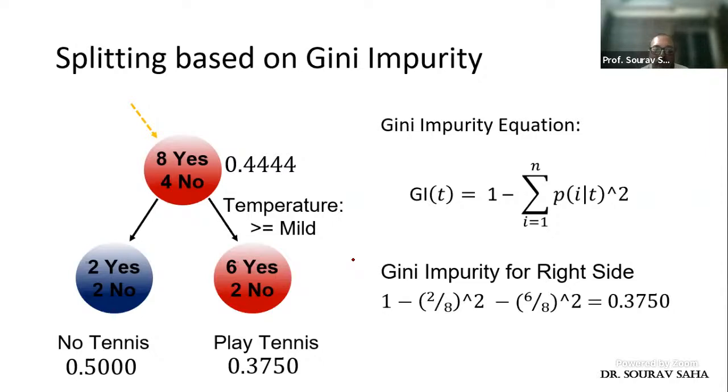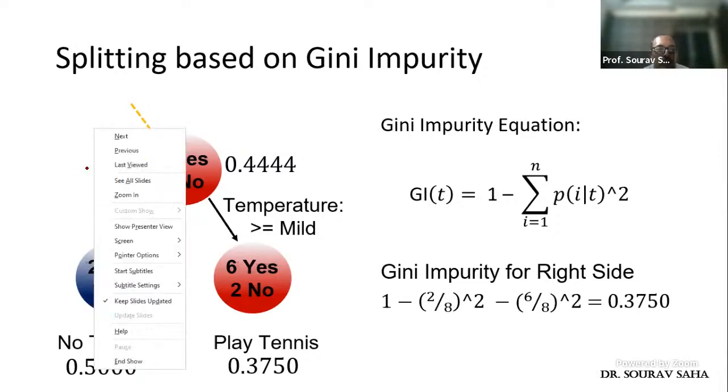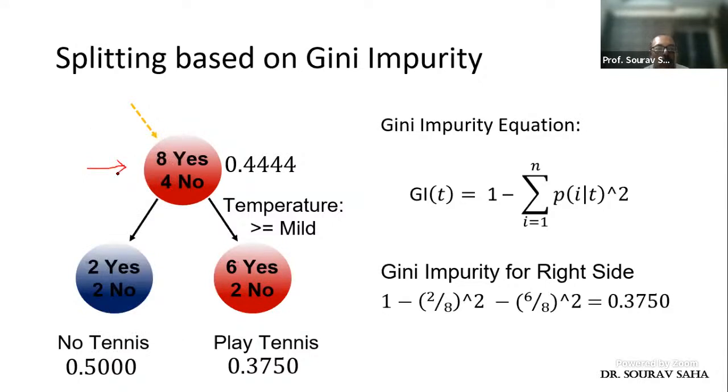I'll help you calculate that. This is the parent node. We had 12 data points, which gave me an impurity value of 0.44. So 12 by 12 into 0.44. Now, after I did the split on temperature, 4 data points have come on the left hand side, 4 of those 12, and 8 of those 12 have come out here.